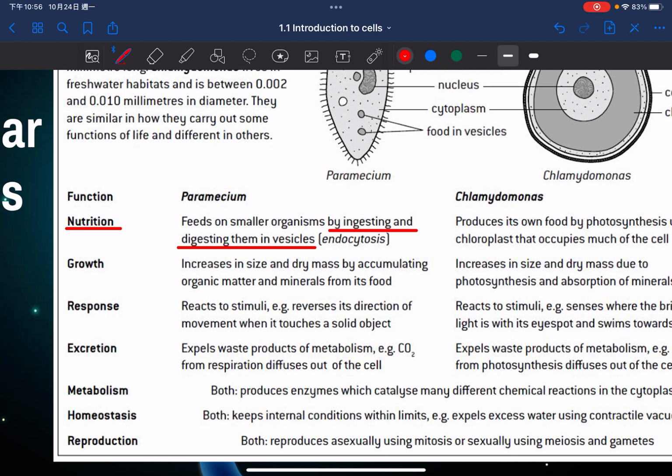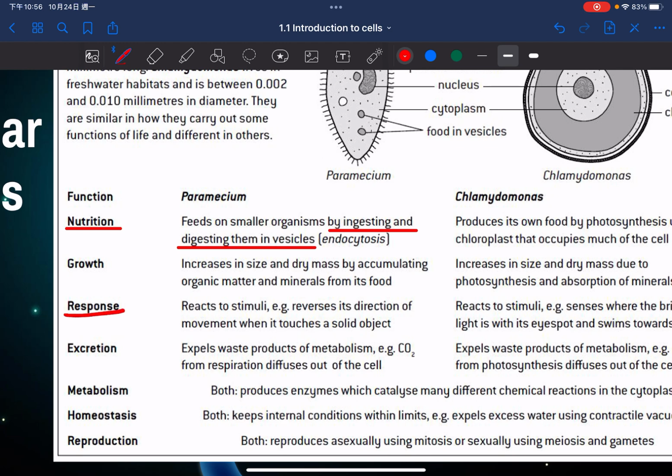For example, it can digest some protein and hydrolyze the proteins into a lot of amino acids. And it can use the amino acids to produce other kinds of proteins it needs. Okay, so that's growth.